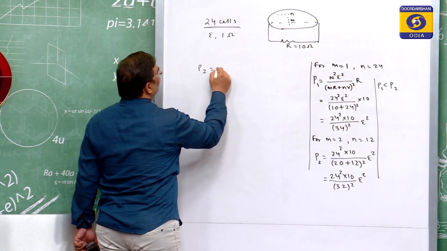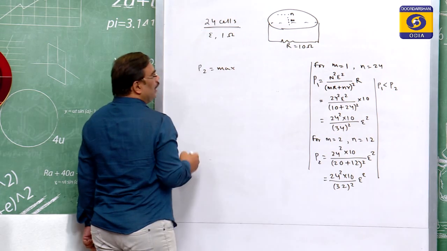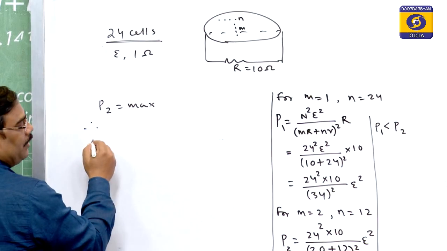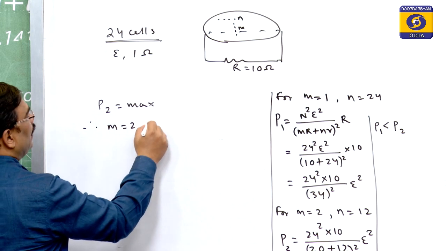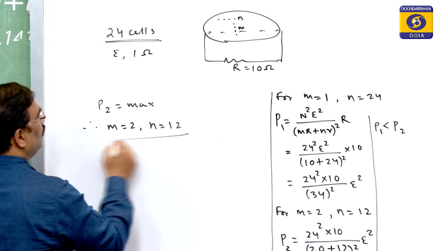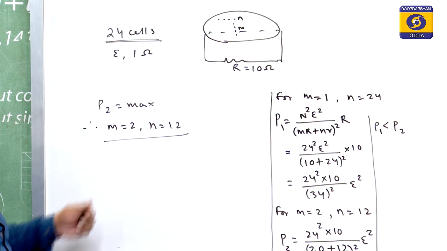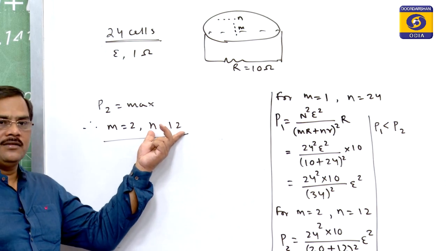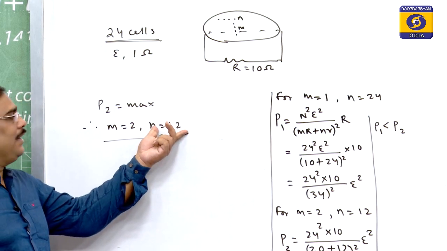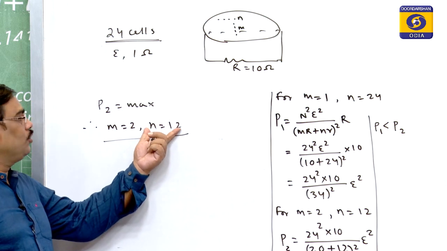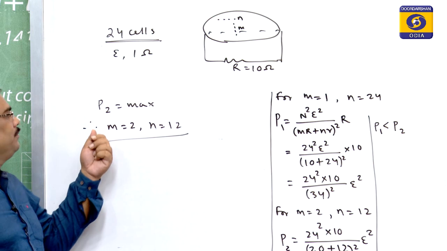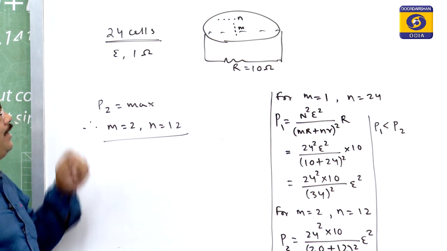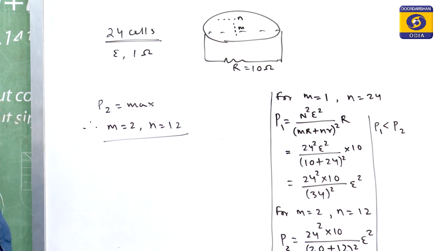Therefore, the required combination will be m equal to 2, n equal to 12. So, there will be 12 cells in series and 2 such series combinations in parallel. This is the required type of grouping.